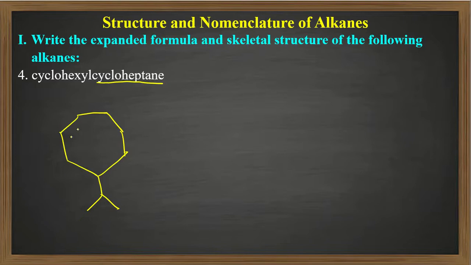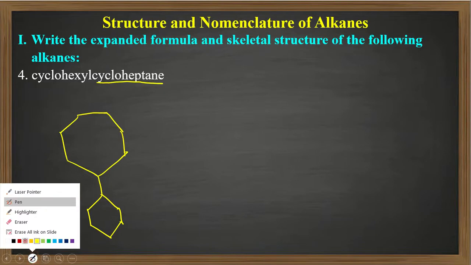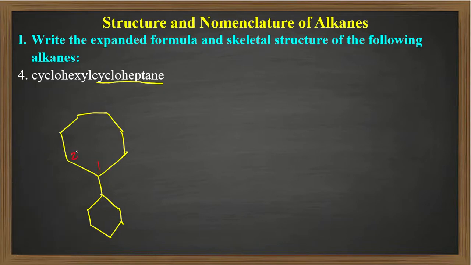Pwede na to siya ibutang in any carbon sa tuang ring because it's only 1 ang iyang substituent. And that's it. Okay, so we have here 1, 2, 3, 4, 5, 6, 7. 1, 2, 3, 4, 5, 6. That's the skeletal structure for cyclohexyl cycloheptane.